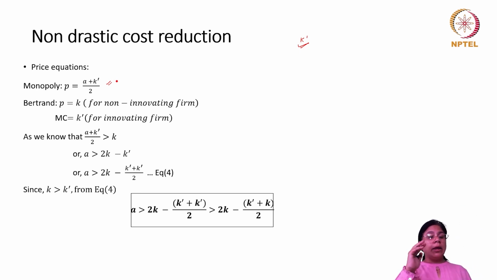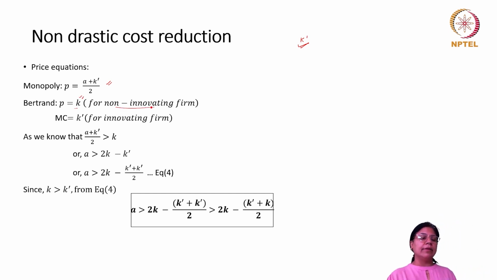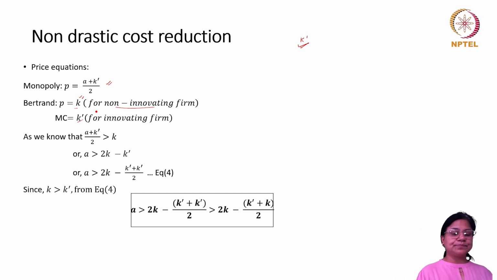On the other hand, in the Burton competition, the firm will be charging P being equal to K, which is their marginal cost of production. Now this K being a marginal cost of production stands only for the non-innovating firm, whereas the innovating firm has K prime as their cost of production.